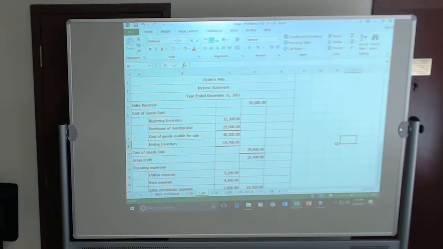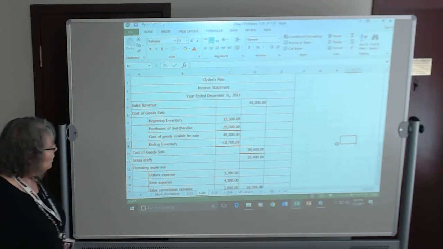And the ending inventory is $10,700. Actually, his ending inventory is $10,700. I have a negative there to show that I subtracted it. He's not in the hole.